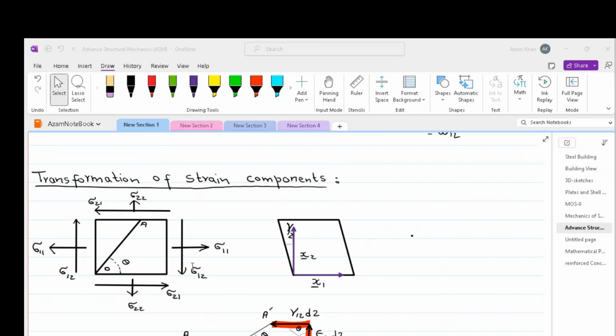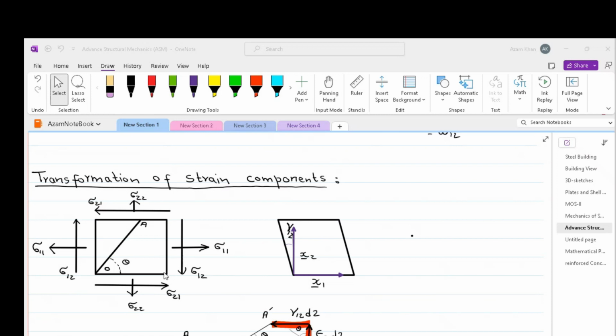The transformation of strain components between coordinate systems is governed by a linear transformation that is similar to the transformation of vectors. We can see an element having the stress components shown. The element is subjected to a general state of plane stress.